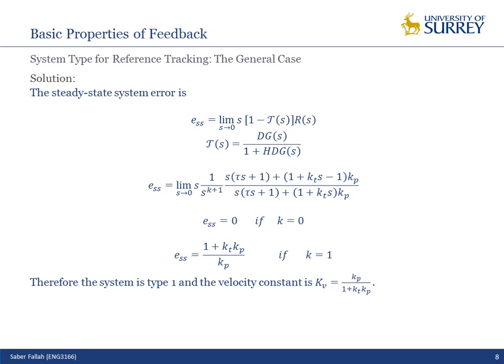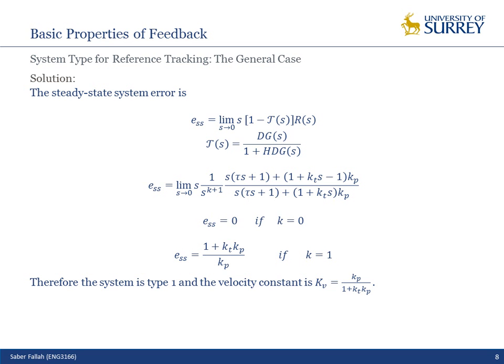I have, let's put tau s squared plus s plus Kt Kp s over tau s squared plus s plus Kp plus Kt Kp s. This s will be cancelled out with this s.